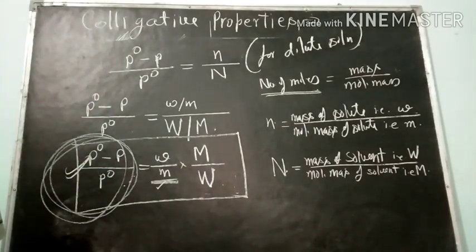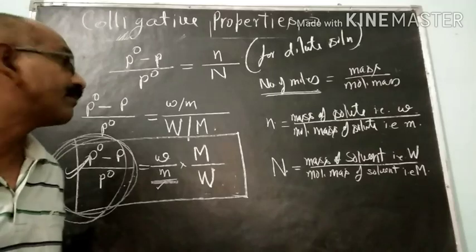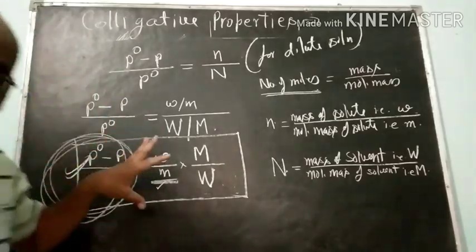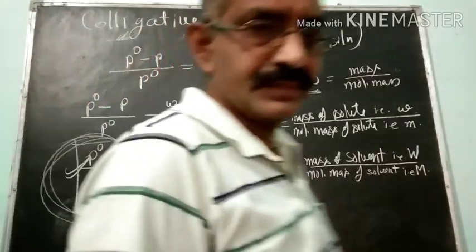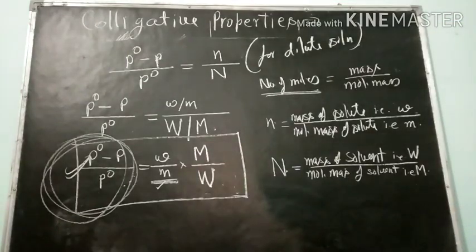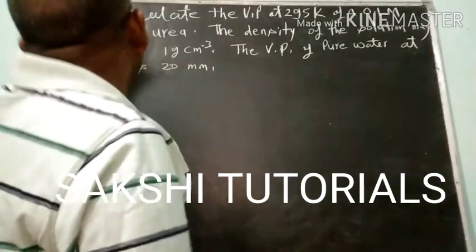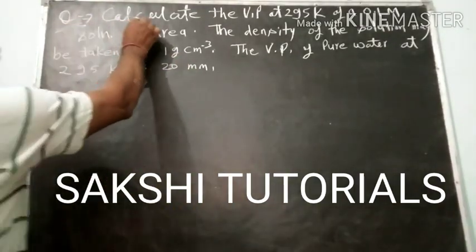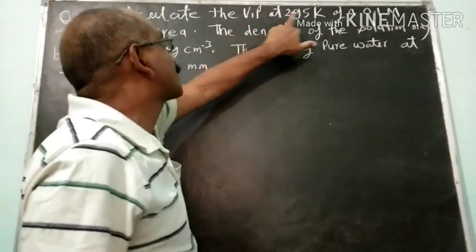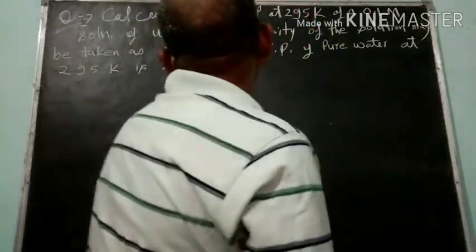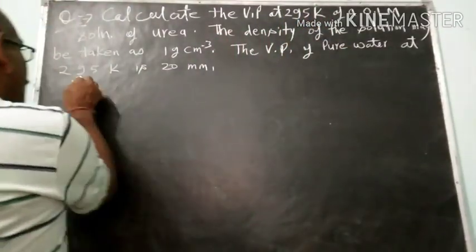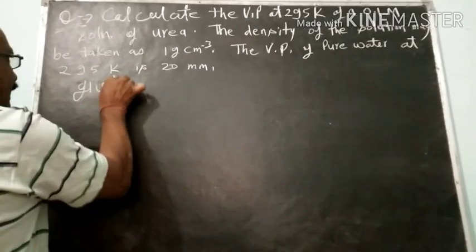Now, after this, we'll solve some numericals based on it. So the numerical is: calculate the vapor pressure at 295 Kelvin. See here, we'll make a table.